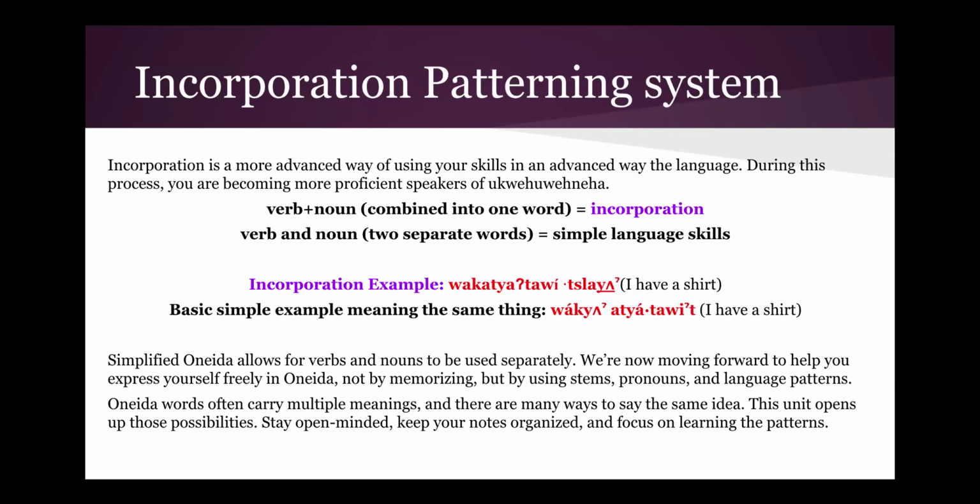Okay, so as I was talking earlier, we have a verb root or a root word, and it's combined with one noun, and it's called incorporation. So if we're thinking about a root word, and we're thinking about what its pronoun is, then the noun is going to go in between the pronoun and the root word, like a noun sandwich.